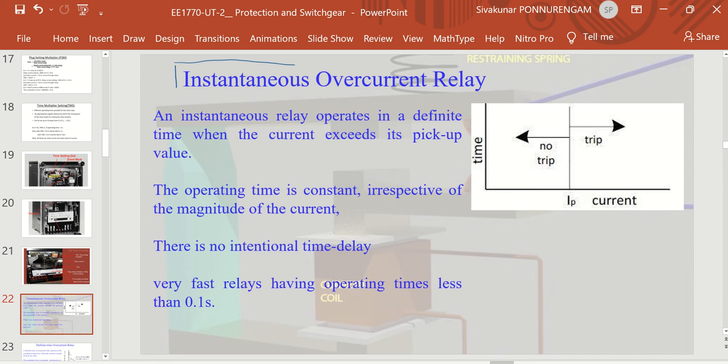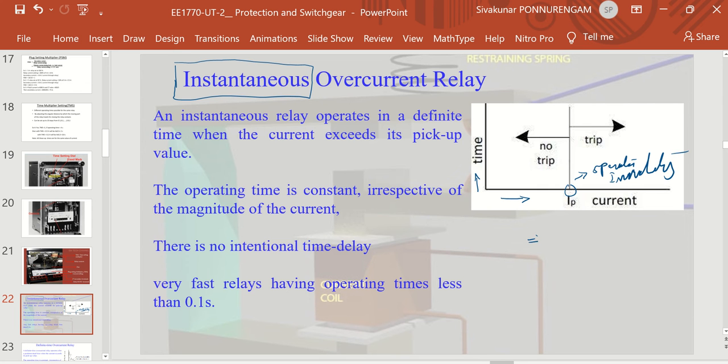Why is it called the instantaneous overcurrent relay? This is the current axis, and this is the time axis. Whenever the current reaches a specific value, the relay operates immediately at the specified pickup current.